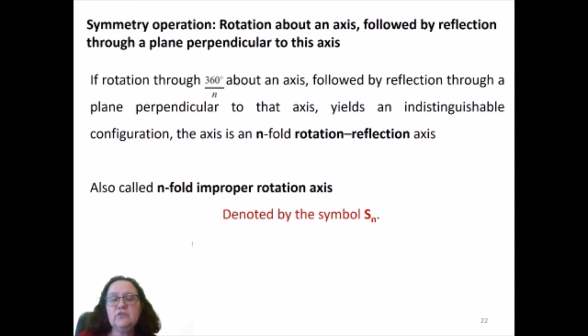So if a rotation through an axis C2, 3, 4, 5, 6 followed by a reflection through a plane perpendicular to that axis gives us a configuration that's indistinguishable from the original one, that axis is an n-fold rotation reflection axis, and we call that SN. We use the symbol SN for that. They are also called n-fold improper rotation axes.